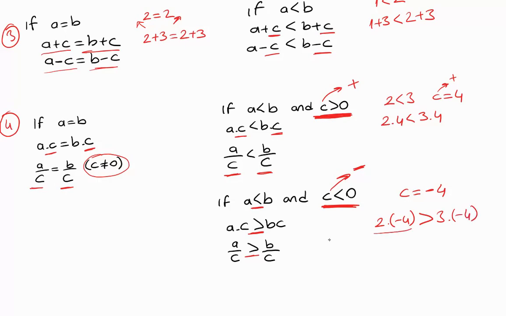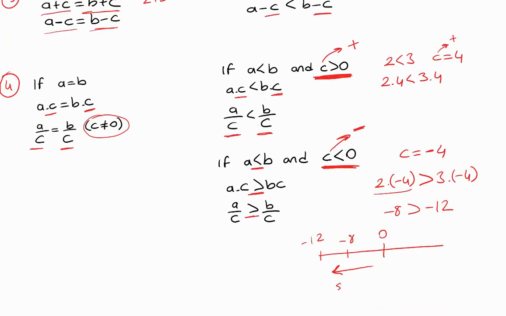Why? This is negative 8 and this is negative 12. And we know in the number line, let's say negative 8 here, negative 12 here. When we go to the left, it gets smaller, right? So negative 8 is bigger than negative 12. Yes, hopefully everything is clear. And then see you in the next video.